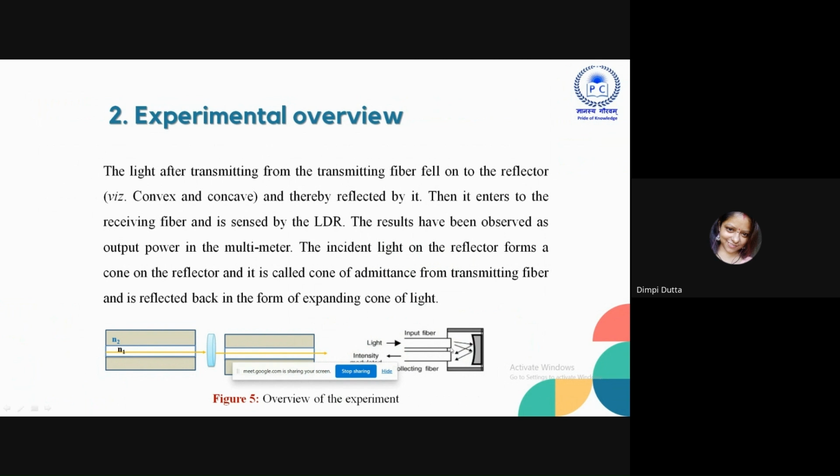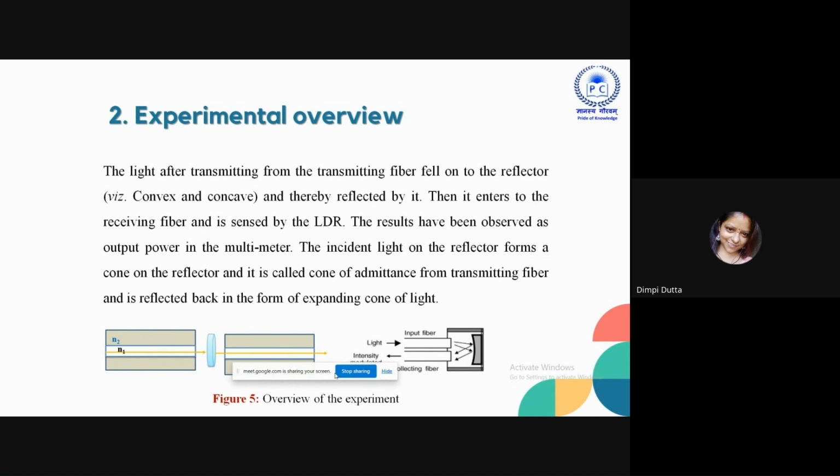If you can see the input fiber, the light coming in through the input fiber goes via a reflector. It transmits the information to the receiving fiber, so that it receives certain information, and we can calculate the displacement. Since I'm dealing with displacement, the more the displacement is, the less intensity the output will give, and we can observe the changes.